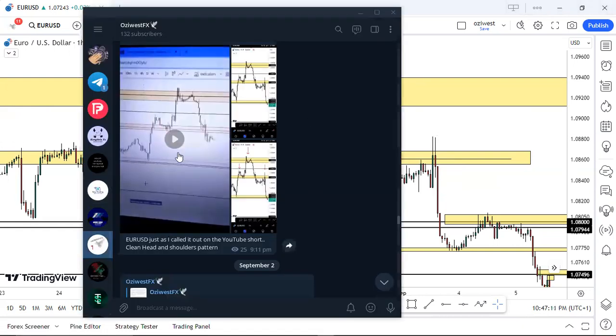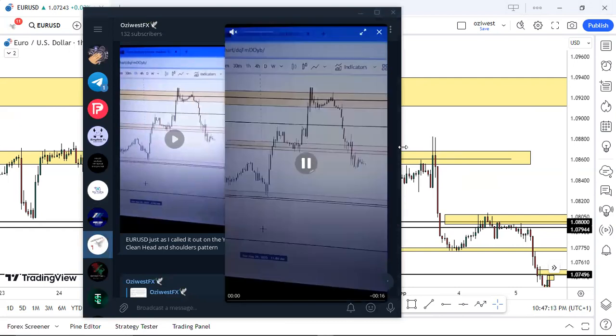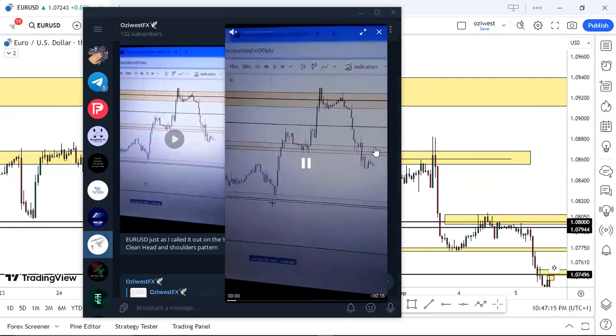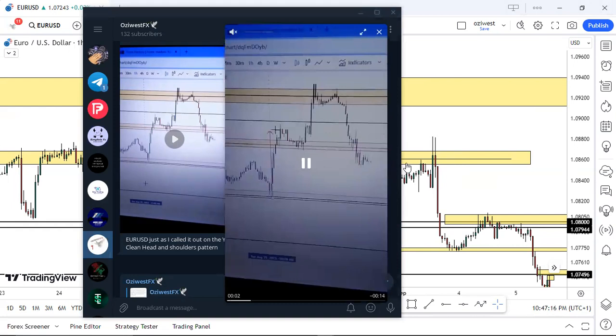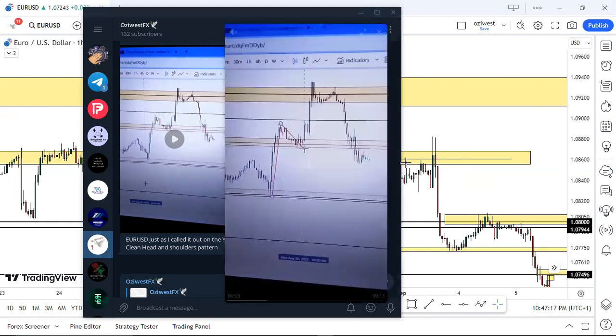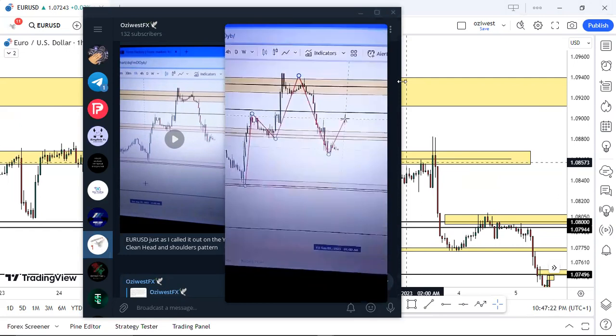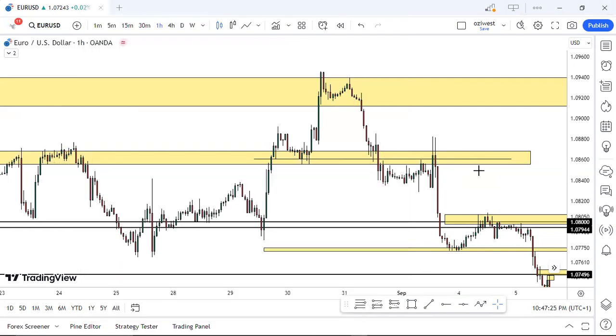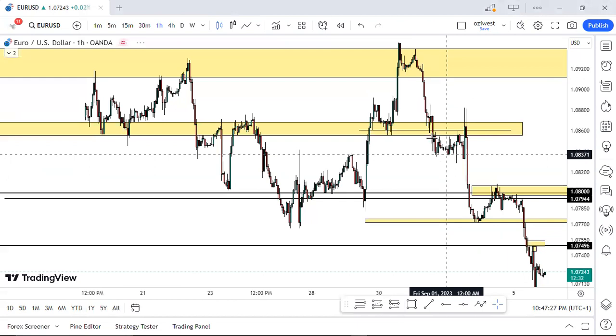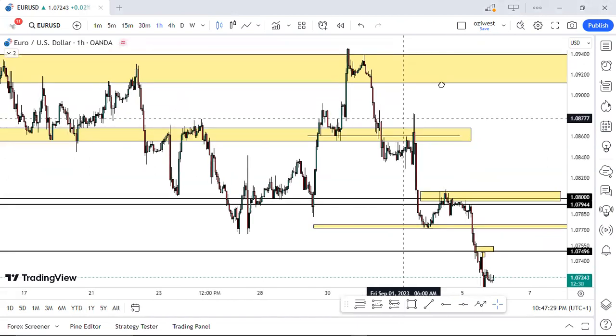You see that price, before price melted, I called out this head and shoulders pattern here. As you can see, super clean. Price did the exact thing, head and shoulders.